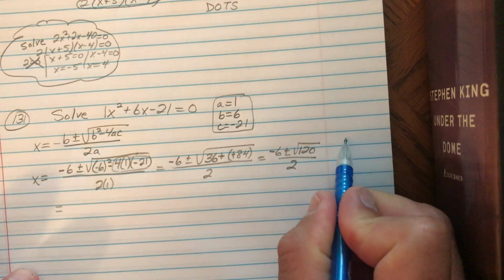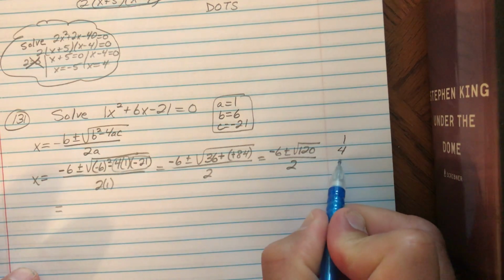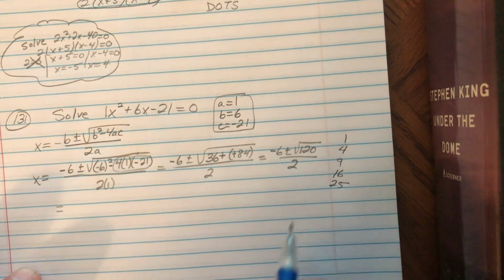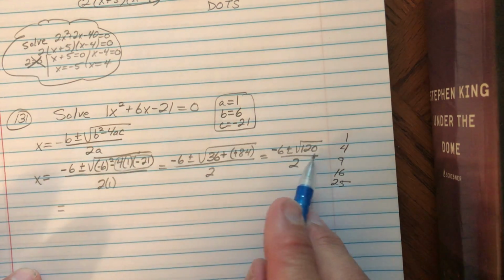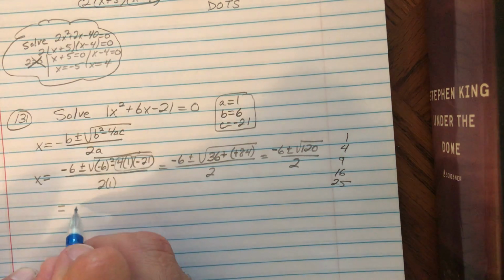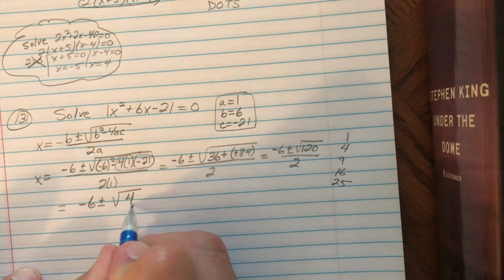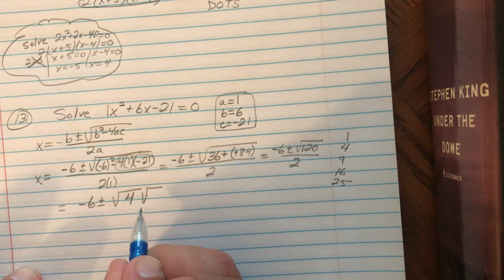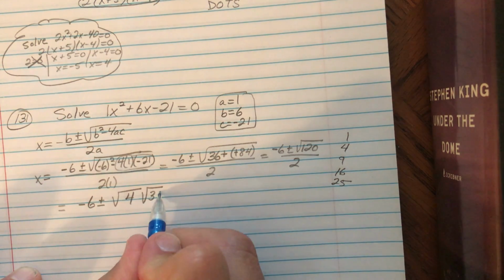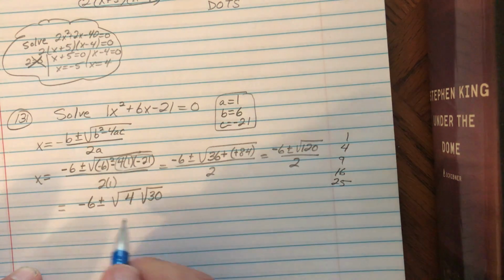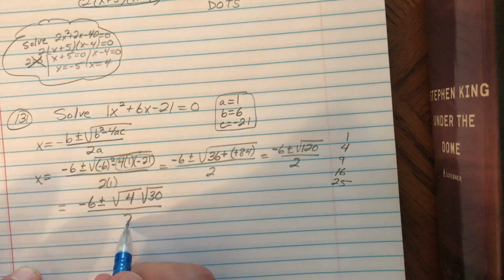Think of the perfect squares: 1, 4, 9, 16, 25, and so on. 4 definitely works. Negative 6 plus or minus radical 4 times radical 30. And I know 4 is the highest number because there's no number on this list that goes into 30.